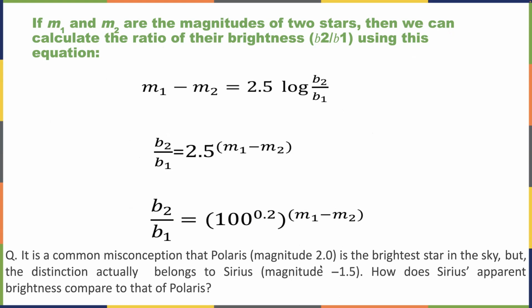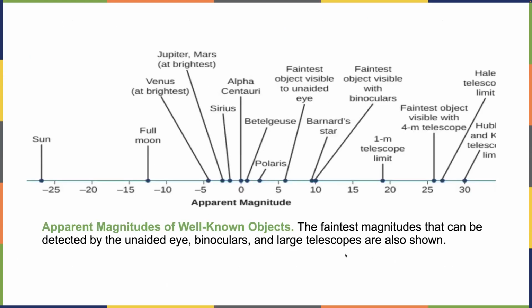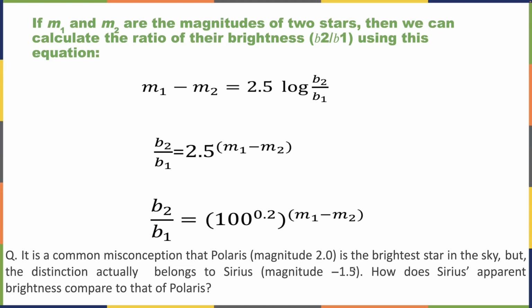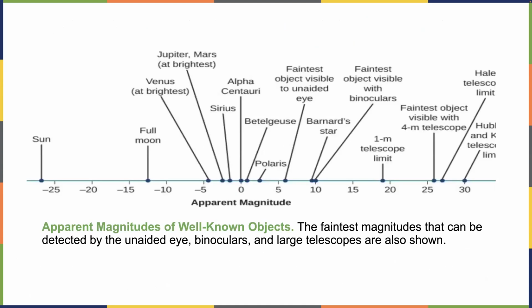Even if there is a star or a planet with a magnitude of 2.0, you should be able to observe it with your naked eye. Minus 1.5 means it is even brighter, because the lower the number, the brighter the object, so you should be able to observe that as easily as well. Now, having this magnitude scale for the apparent magnitude, so these are called apparent magnitudes, by the way.